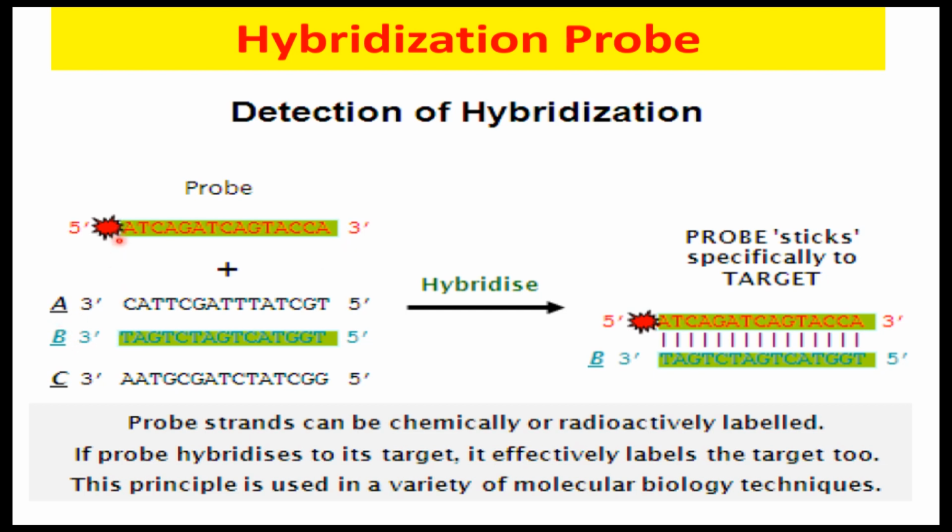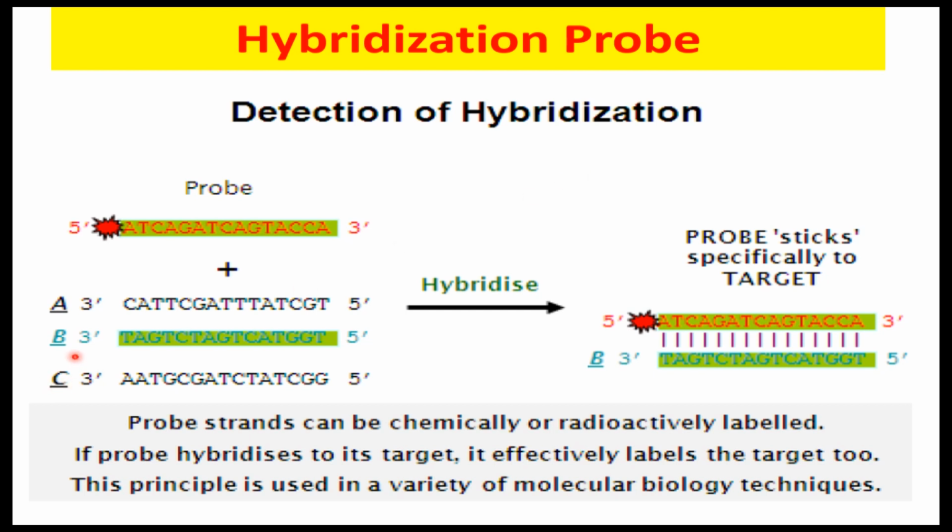No. A with C doesn't match. T with A matches. C with T doesn't match, because you know already adenine makes bonds with thymine and guanine makes bonds with cytosine, AT and GC.